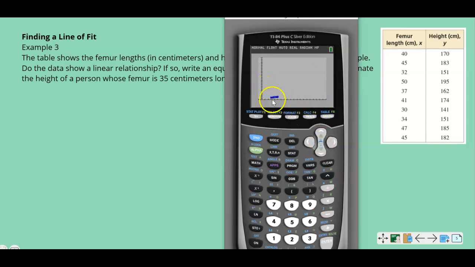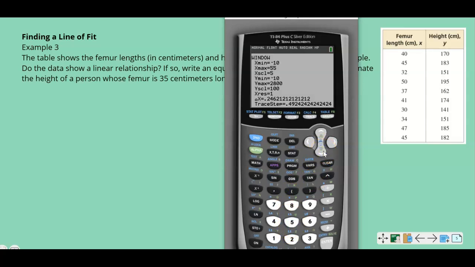Now you can see that this window is still from the last graph. So let's see, our X's need to be up through, let's say 55. So we're going to make this a little smaller, let's change this to 5 instead of 10.